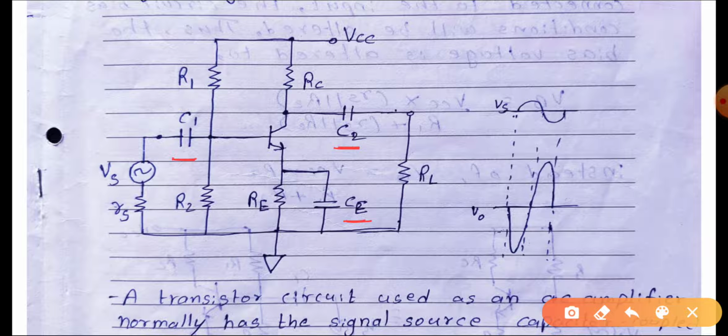This capacitor CE is connected between the emitter and ground, and C1 and C2 are connected between input and output. So C1 is connected between the input and the circuit, and C2 is connected between the circuit and the output.